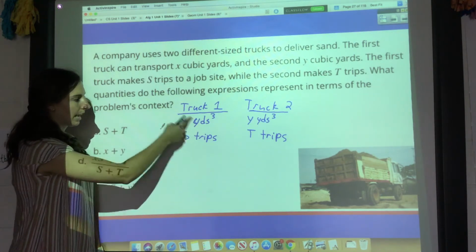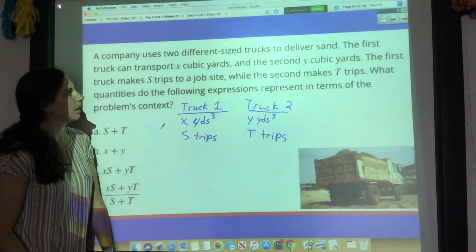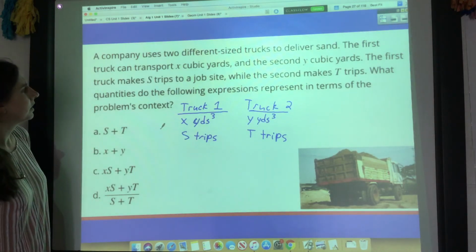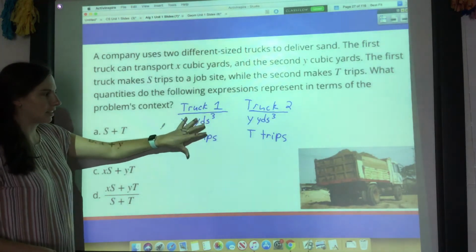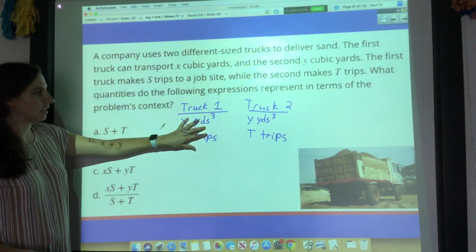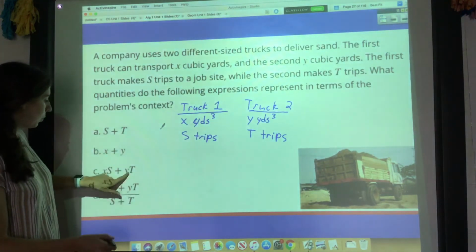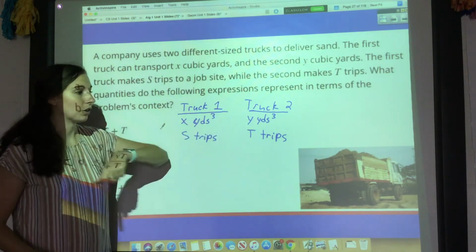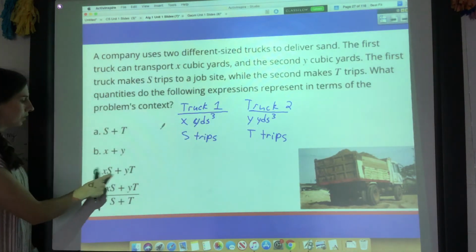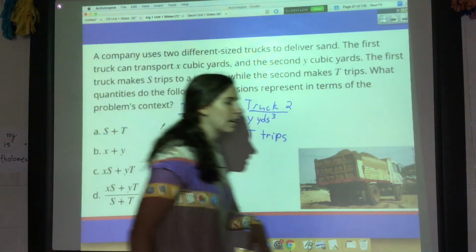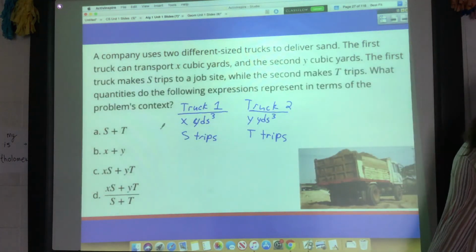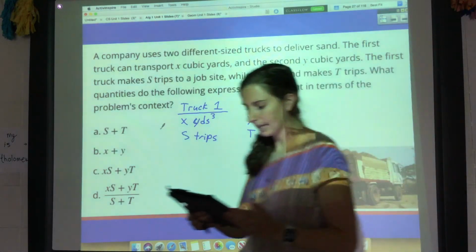So that would be the total amount of sand that truck 1 could transport, and then YT would be the same thing but for truck 2. So if you add those up, that would be the total amount of sand that we can transport after all the trips have been taken.